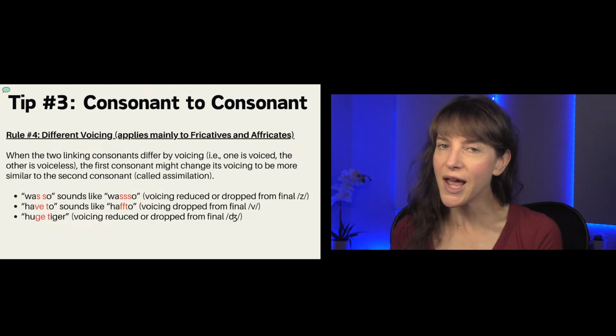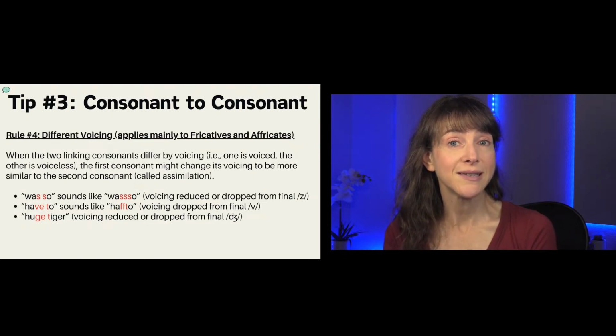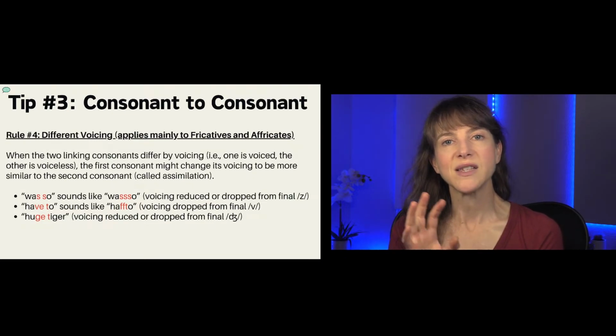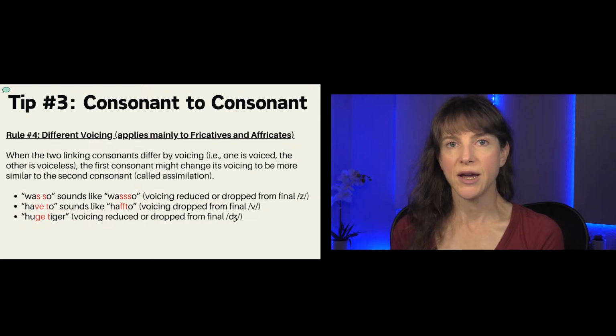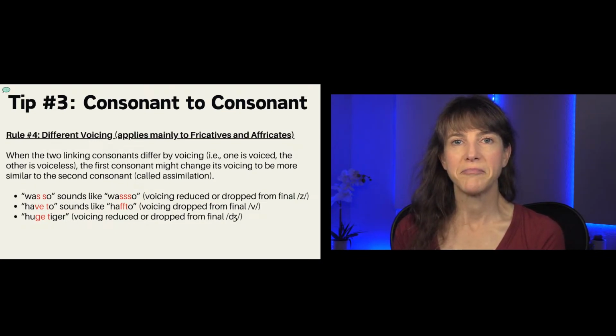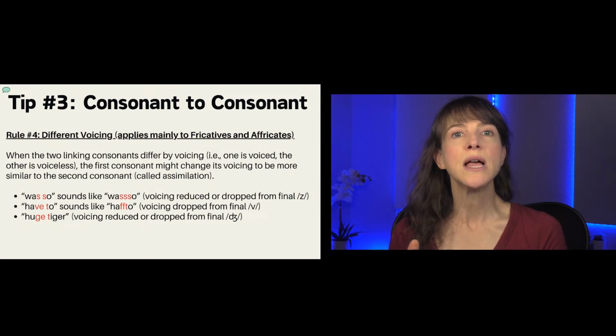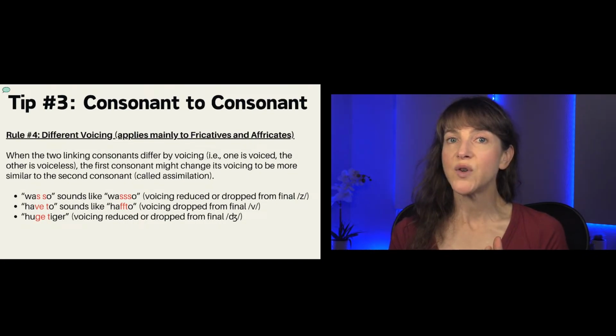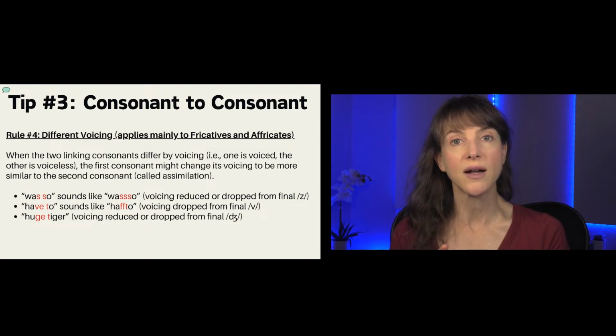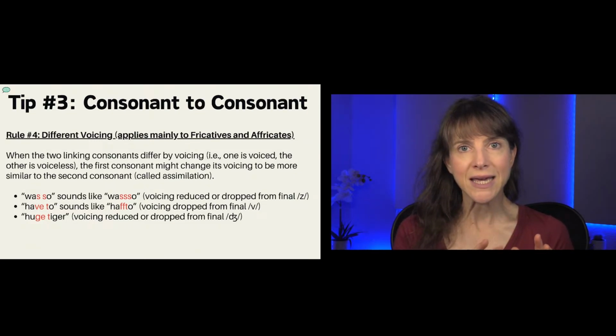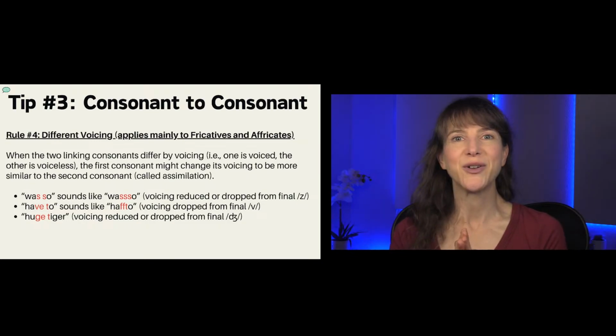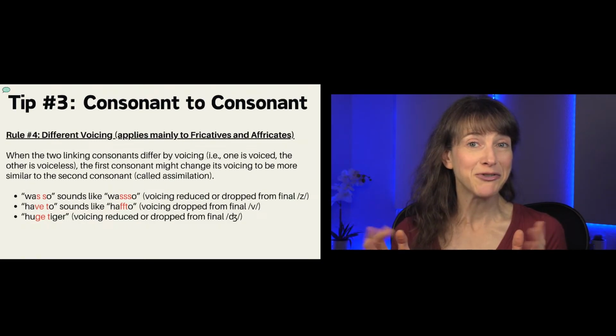It's still a J sound, but the voicing has been reduced or dropped. Huge tiger, huge tiger. So this rule can really help to simplify a lot of your linking if you're having trouble, if you're really focusing on final consonant voicing, which some of you might be. It's still important to focus on, but just note that when you're linking, sometimes that final consonant's voicing might get dropped.